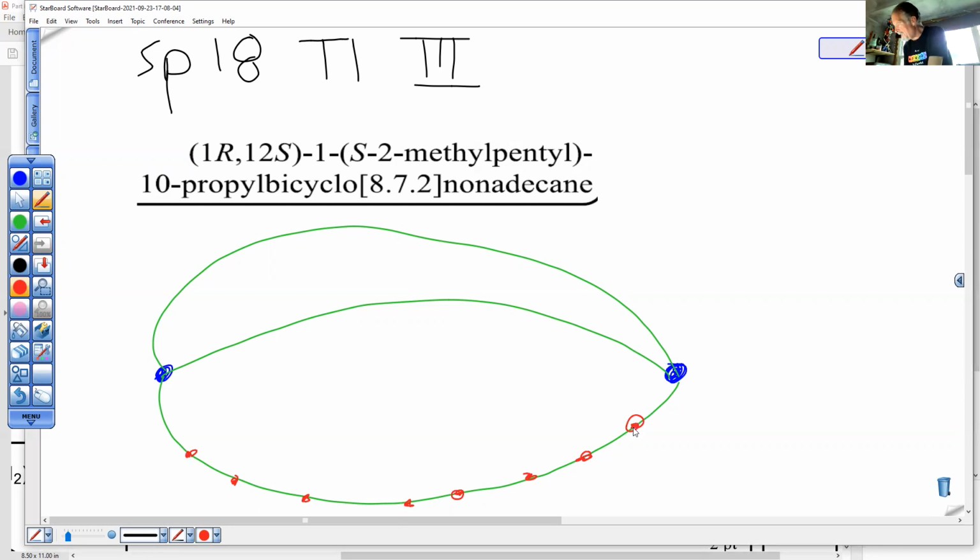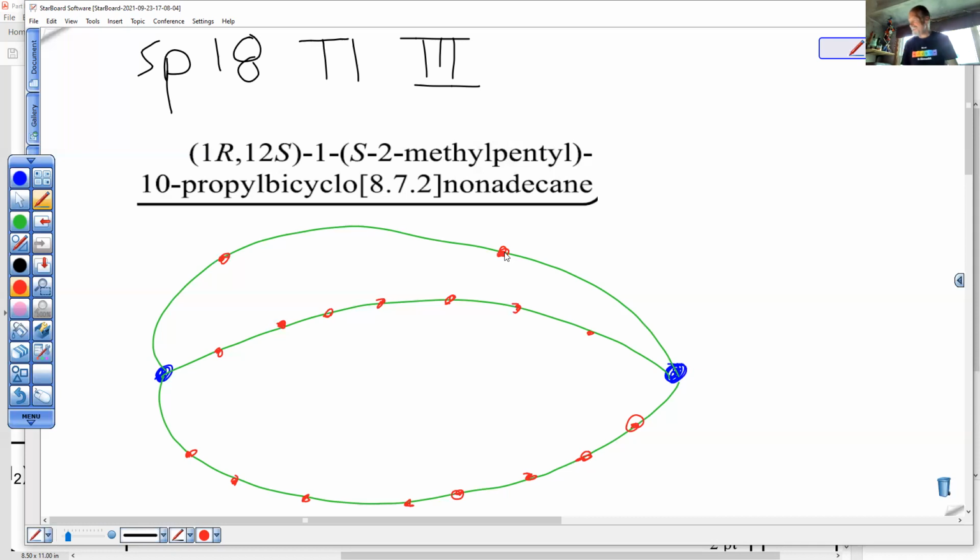And then I need 7 on one of the other green things. It doesn't matter which one. 1, 2, 3, 4, 5, 6, 7, and then I need 2. 1, 2. So there you go.